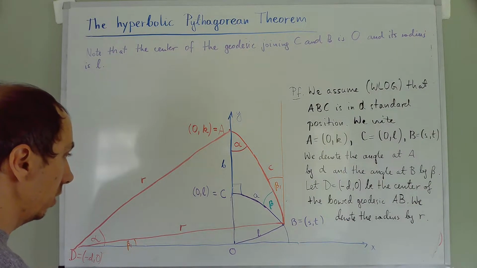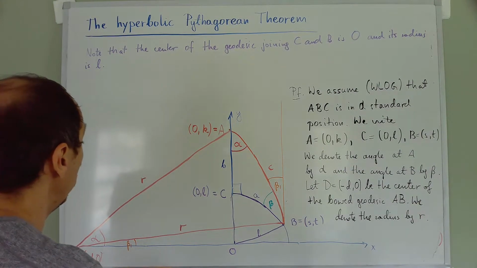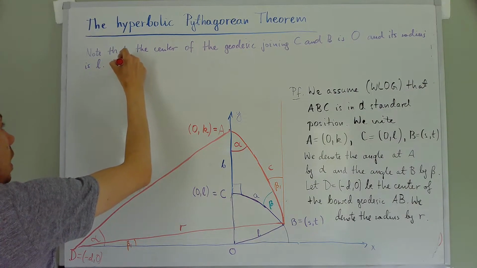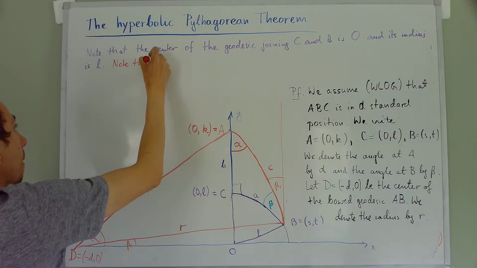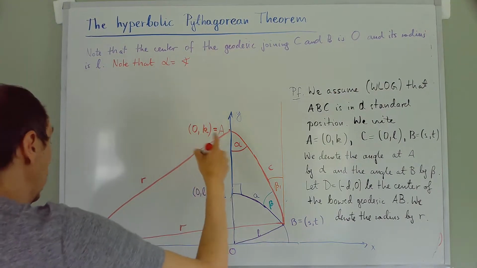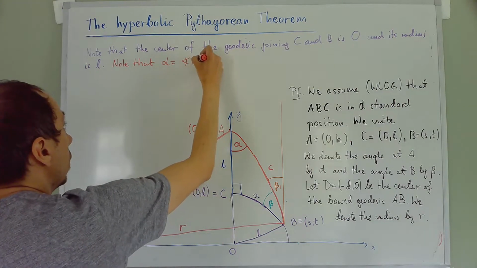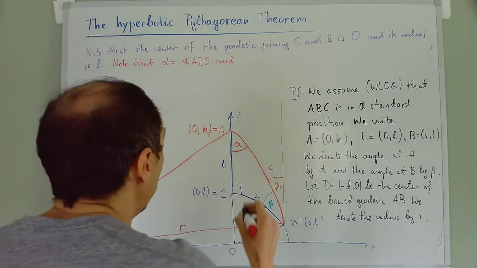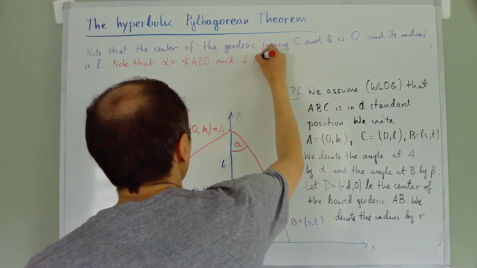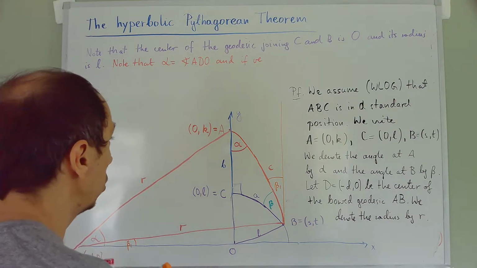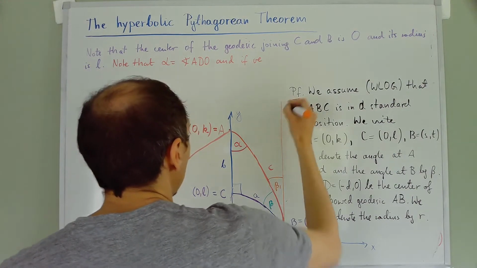So let's just write this down. So note that alpha is the same as the angle ADO. And I guess I maybe want some notation for this orange geodesic. How about I call it N?